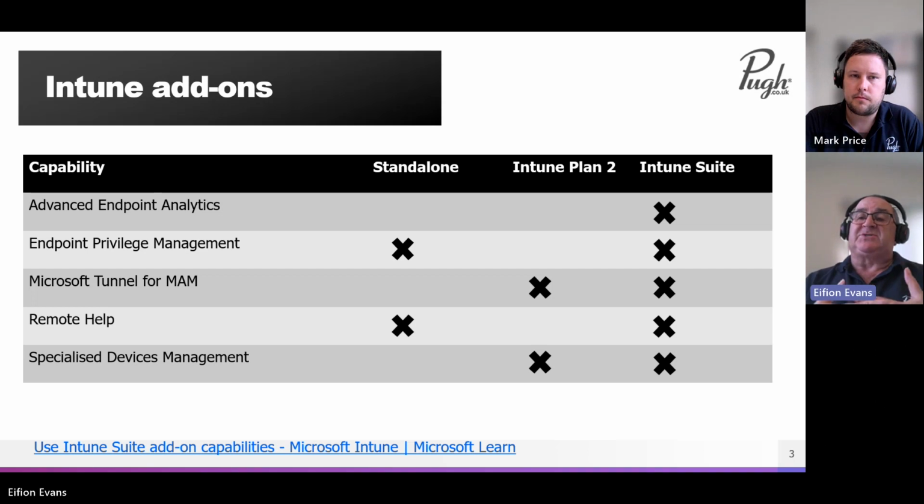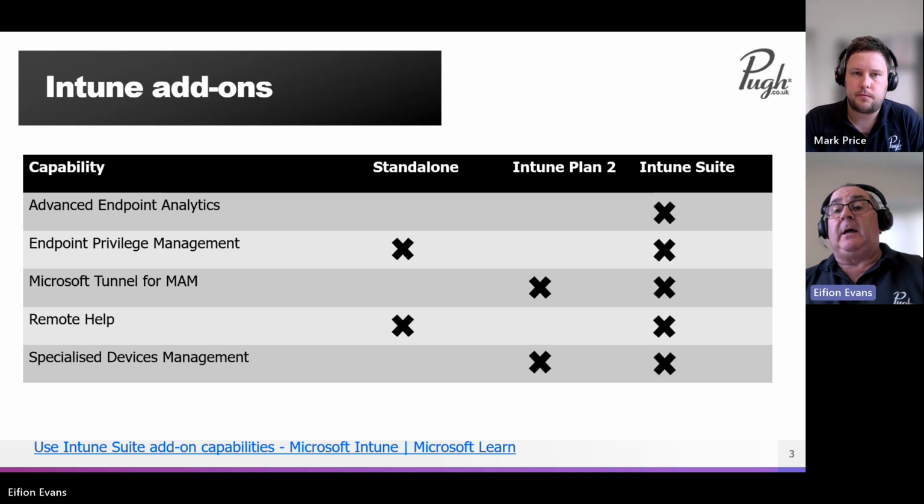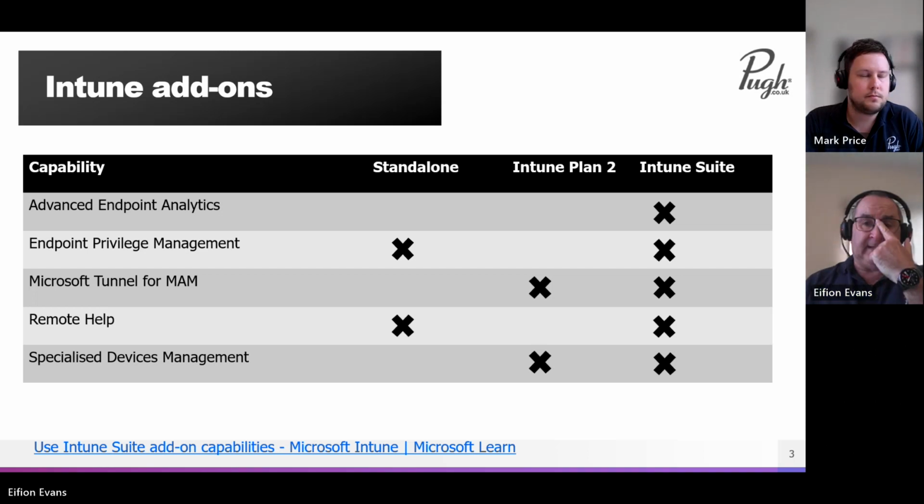And when there's a set percentage of devices showing the same issue, you can be made aware of the issue, and then you can sort it out before your establishment becomes aware that it is an issue. So these Intune add-ons, they're premium add-ons, so are not included in your A3 or A5 license.